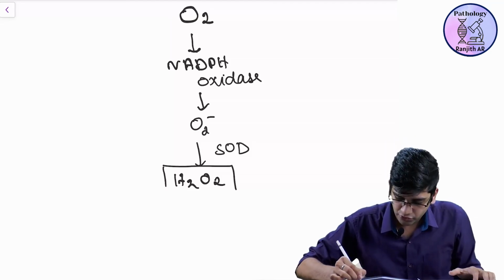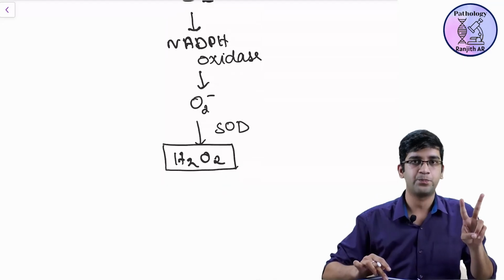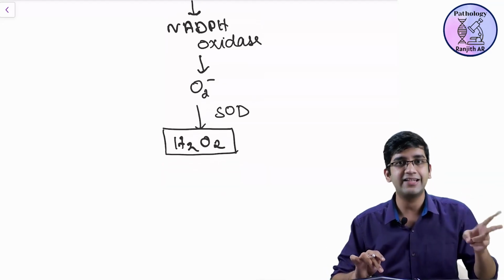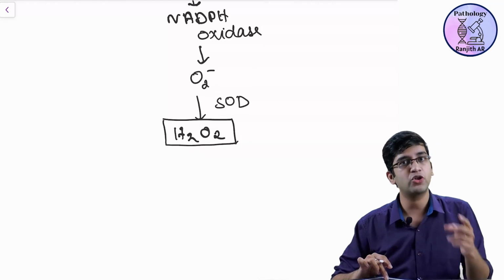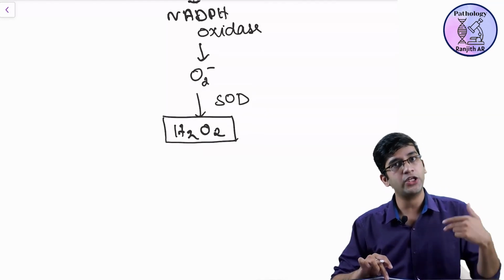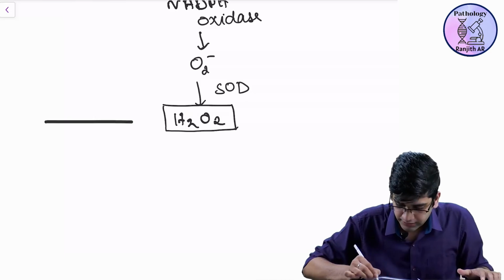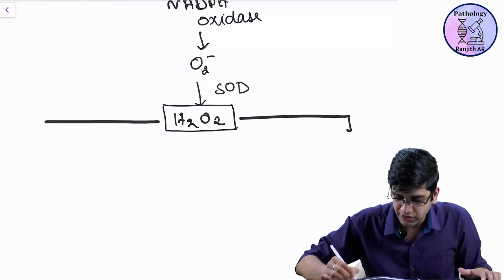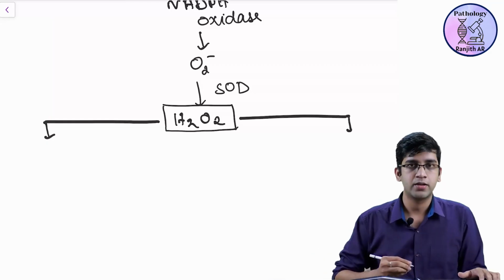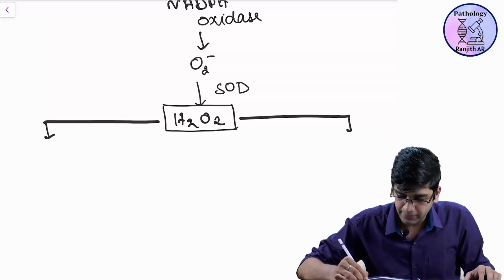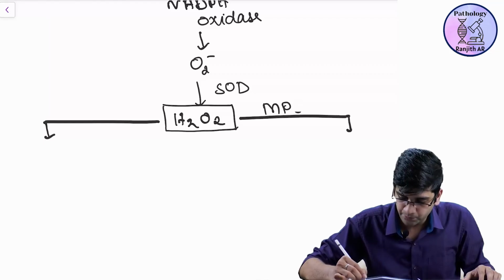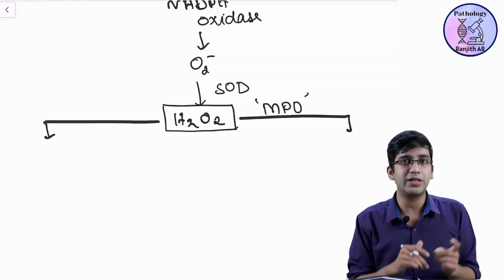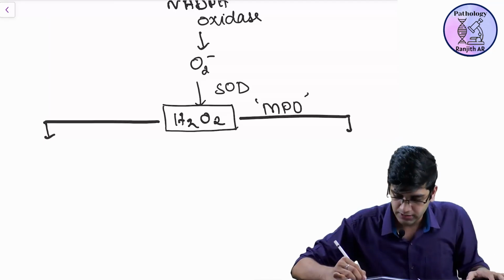See, this hydrogen peroxide is going to have two fates depending on the cell where it is produced. I'm going to consider two cells, neutrophils and eosinophils, right? If it is a neutrophil, I'm going to have an enzyme called MPO. See, this is one of the granule contents, myeloperoxidase.